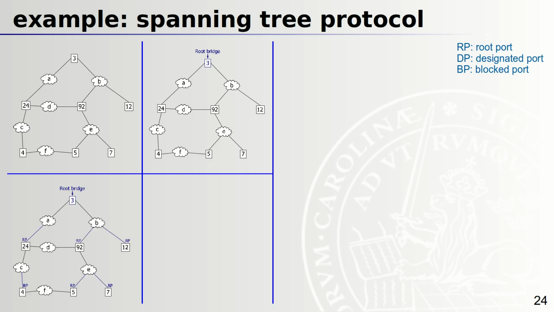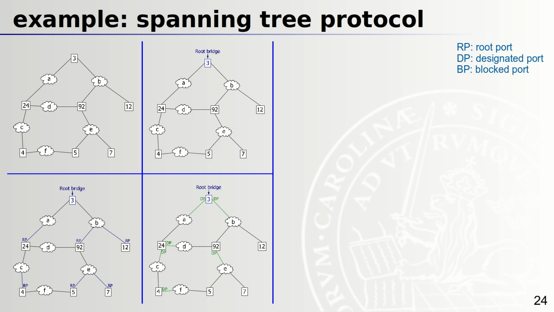After the root bridge has been agreed upon, every bridge identifies one of its ports as root port. This is typically the one from which the root can be reached with least delay, for example, or some similar metric. Then the bridges connected to each segment need to agree which of them will forward the packets leaving the segment.